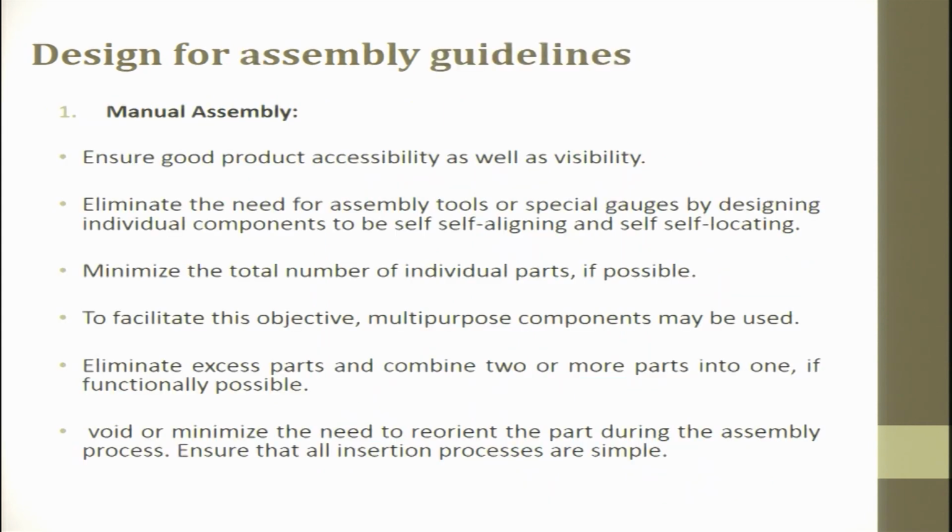So, some of the guidelines we will start discussing. When we talk about manual assembly, ensure good product accessibility as well as visibility. What we are trying to do is, you have a human, he has a left hand and a right hand. So, you keep the parts at a distance such that he can pick them up and put them in the assembly.